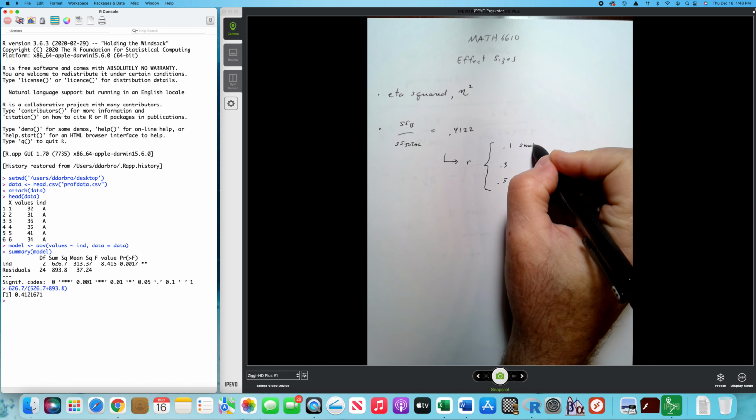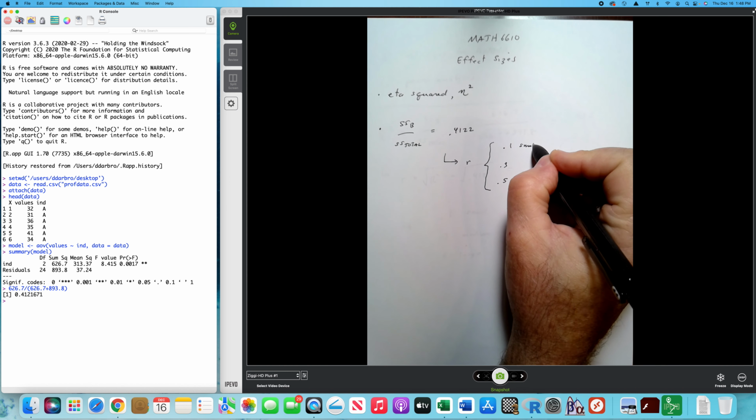So we can calculate r by taking the square root of 0.4122, so 0.642.